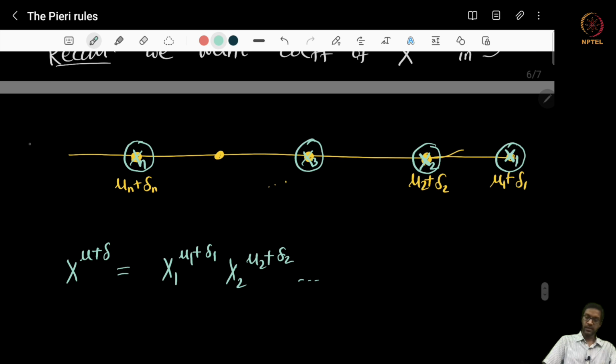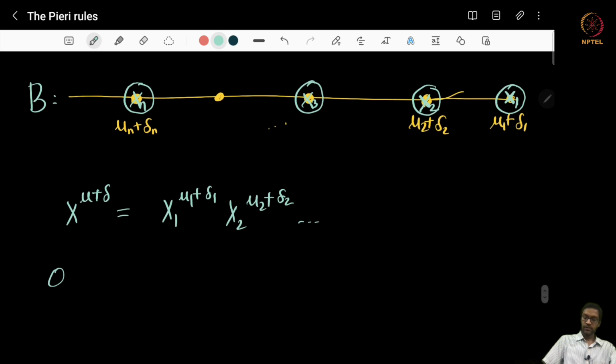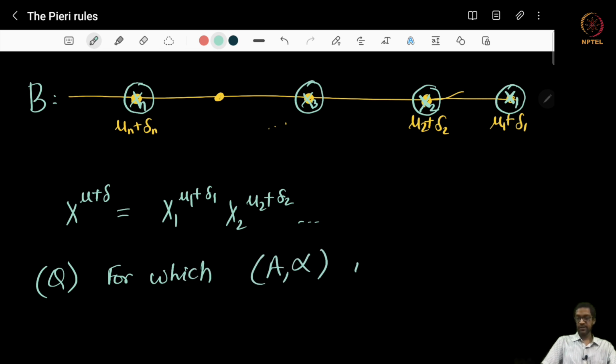Right, so what should we call this? Maybe B. Here's my abacus B, and now the question becomes, for which A, alpha is the abacus A plus alpha equal to B? Okay, and what sorts of A, alphas?